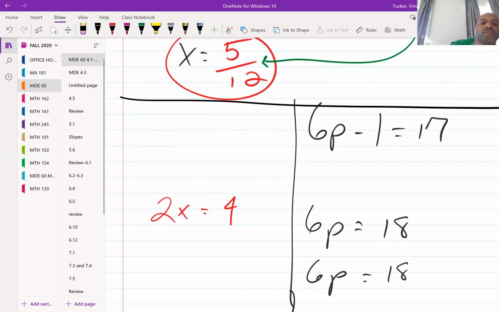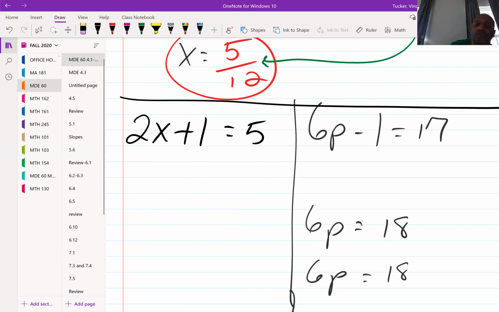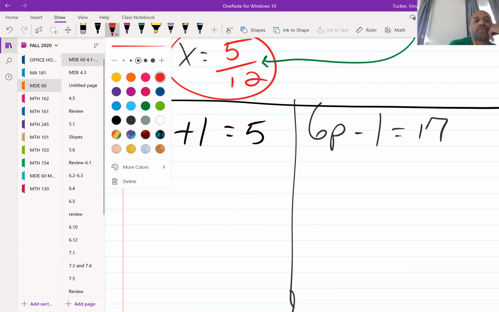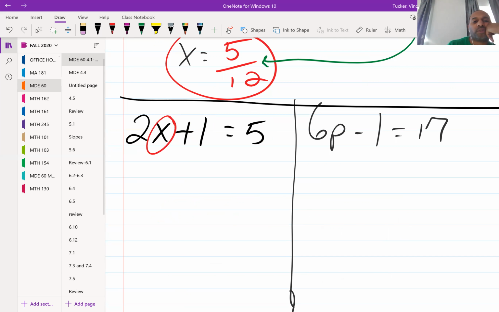Let's look at 2x plus 1 equal to 5. So your goal is to get x by itself. You want to solve for x. So you want to undo what's being done to x. The most efficient move is to move the 1 first. Now, if you wanted to move the 2, you could, but you have to divide each term by 2, which would create fractions where you may not want to deal with fractions.